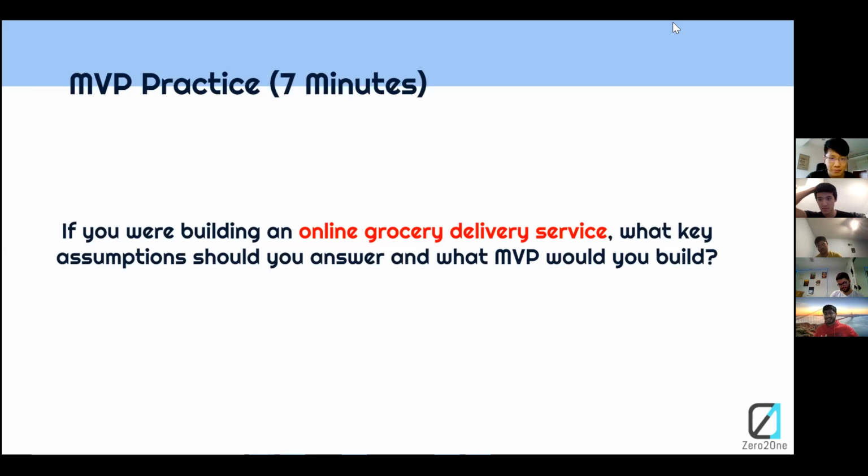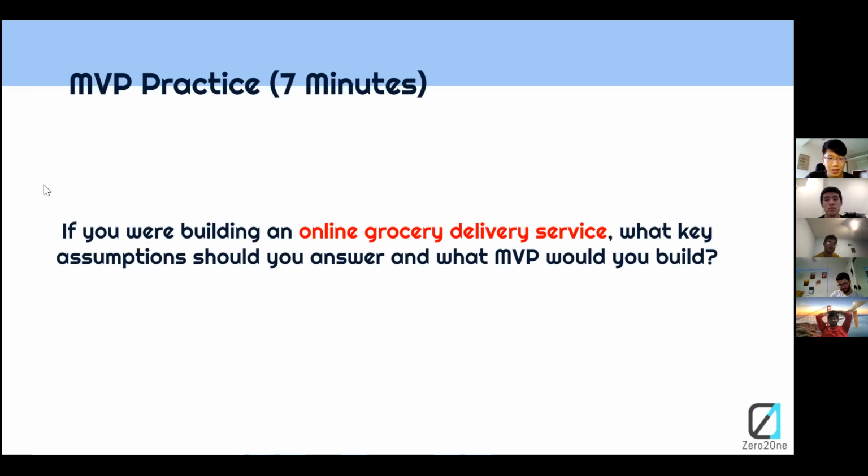It was Sid and I. So one of the main assumptions they're making is that they're going to be successful penetrating an already very saturated market of delivery services. Instacart has done very well already, and Shipt has done very well as well. So they're just assuming they'll be able to do well even though there are already two very great viable options.